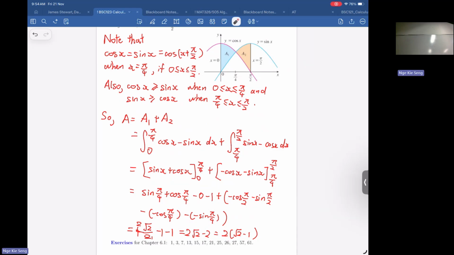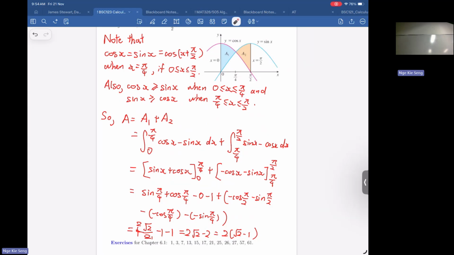Square root. So what's the sine π/4 here? Square root over 2. So this square root over 2 is coming from here, right? Both of them are the same because we just now proved that x2 is the same number.